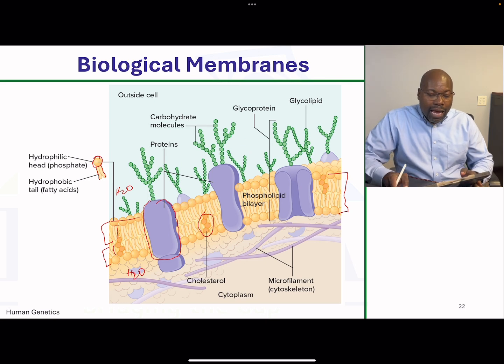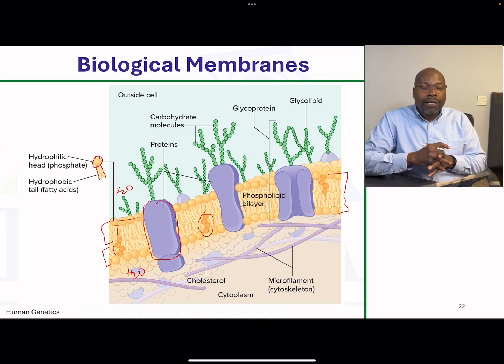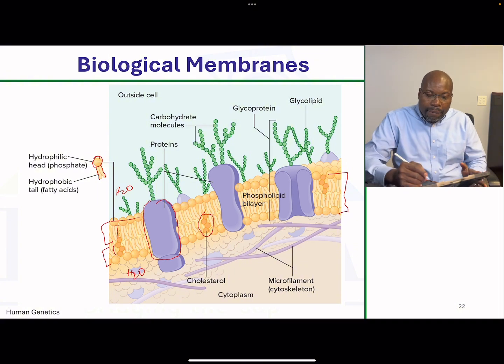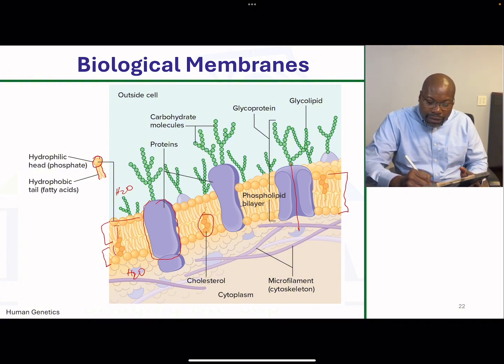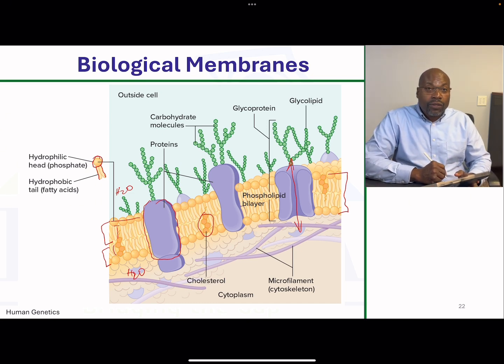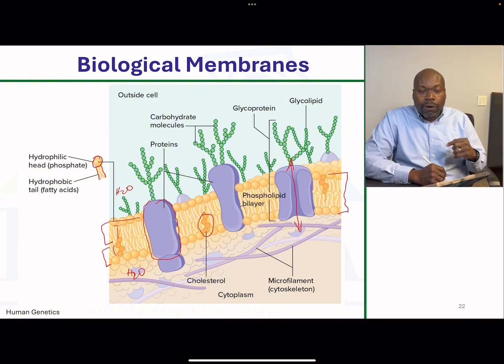These proteins play a wide diversity of roles. Some of them are channel proteins, like here, right? Allowing chemicals to go in and out. Some of them allow the cell to sense what is going on outside and send the information inside. Some of them are coupled with enzymes.